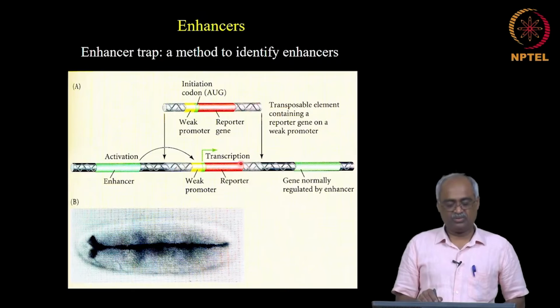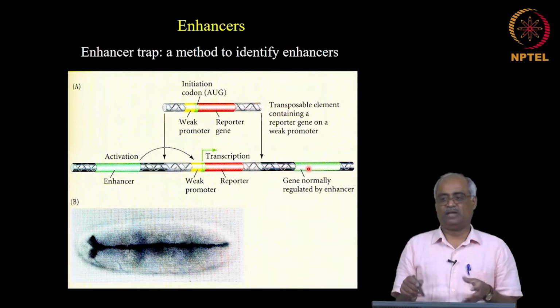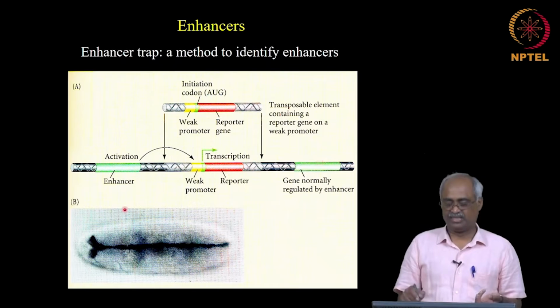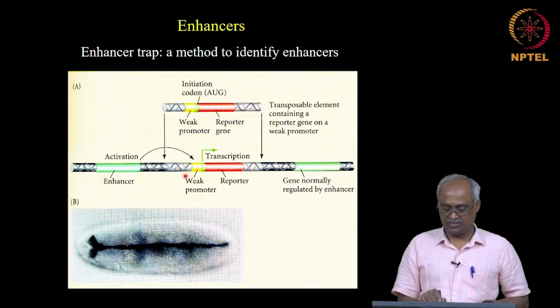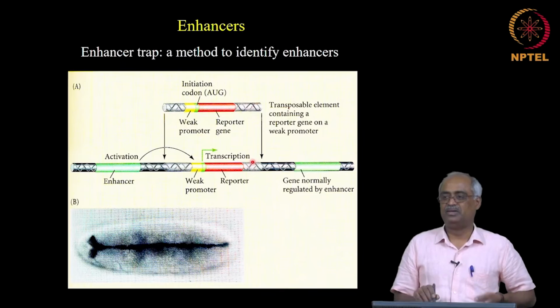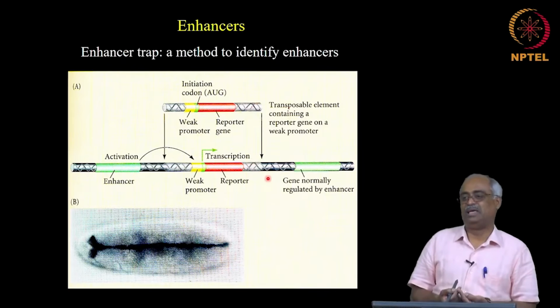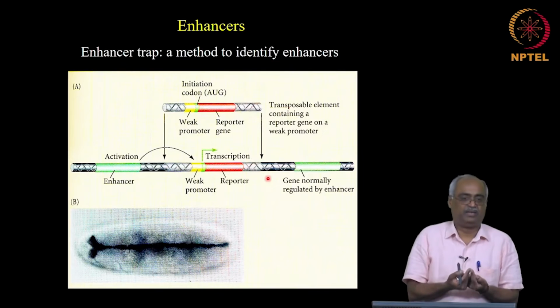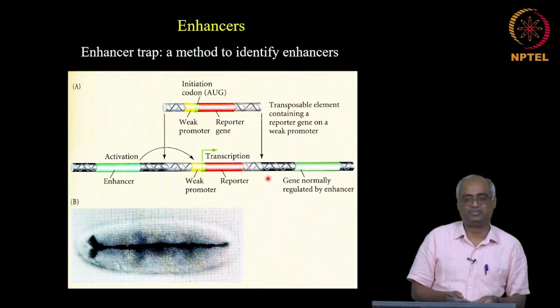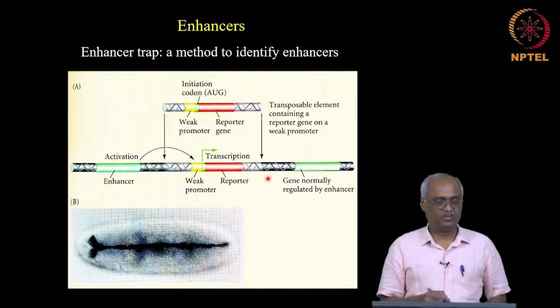You can digest with restriction enzymes, and some might cut somewhere here and there, and under a very dilute condition, if you ligate it, intramolecular ligation will happen. So, it will get circularized. Then you take the sequence you know, then you use primers going in the opposite direction, PCR amplify the flanking region, then you sequence, then you will know where it is. So, that is how you identify.